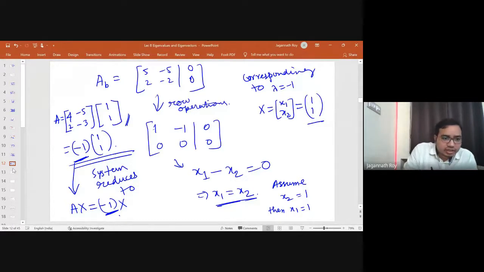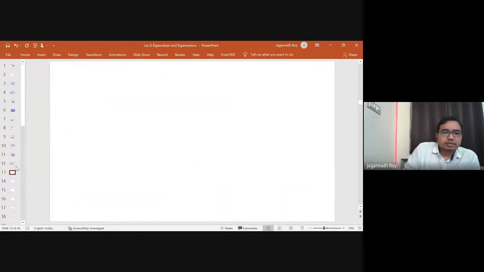Now, how about the other eigenvector? That was for lambda equals minus 1. Now lambda equals 2. So A minus 2I. Okay. You can directly write it. The right hand side will become 0.